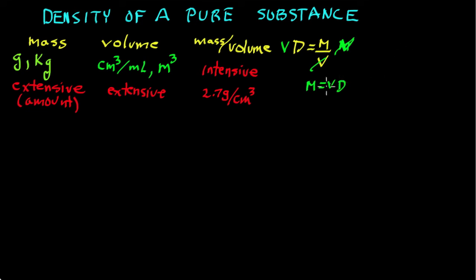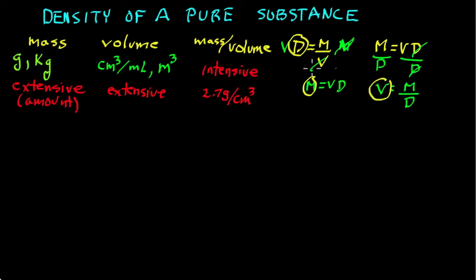This is solving for density, here we're solving for mass. Now we want to solve for volume, and I'll rewrite this equation here. We simply divide both sides by density. Density is gone here, and it's right here. So volume equals mass divided by density.